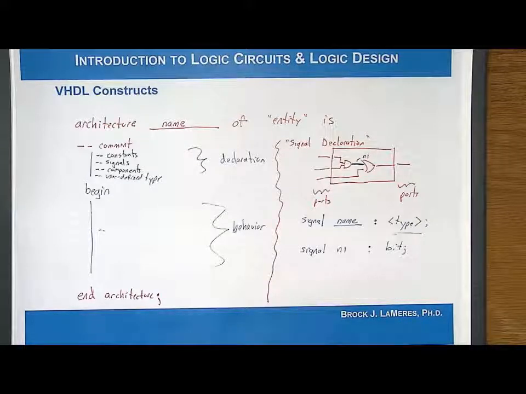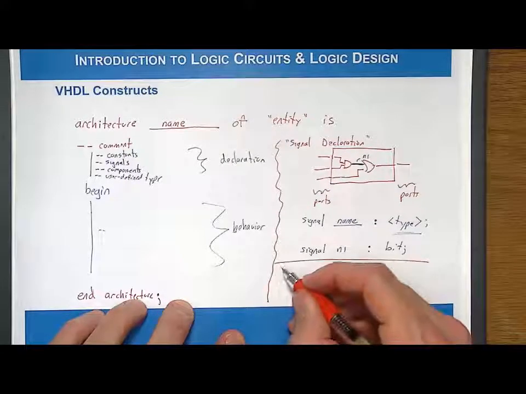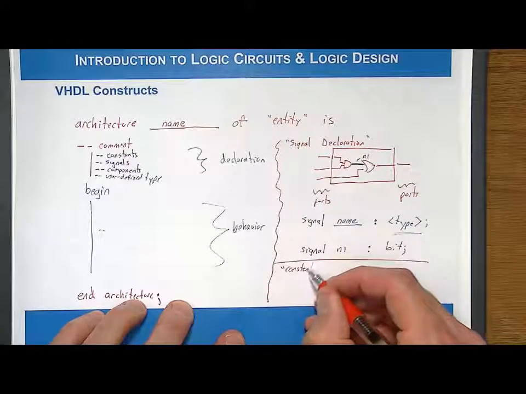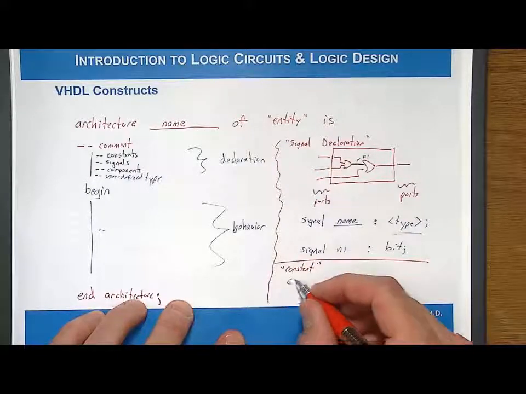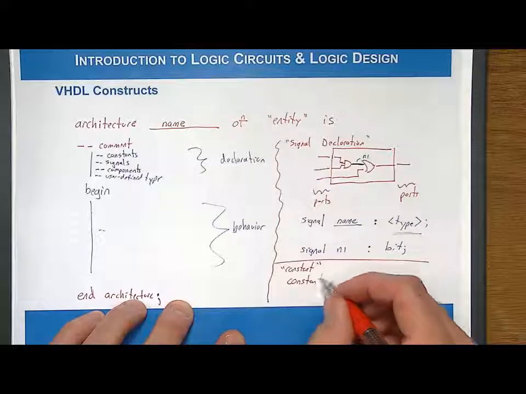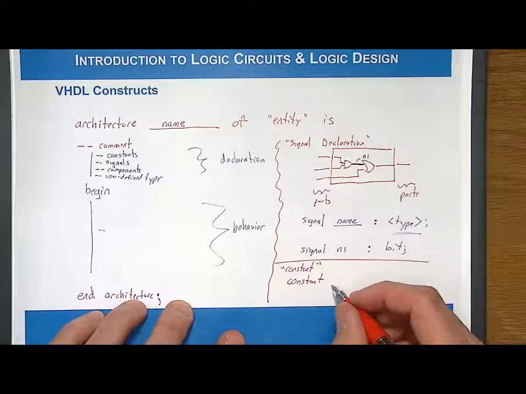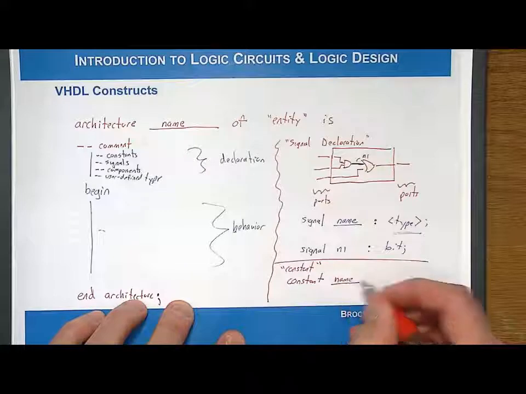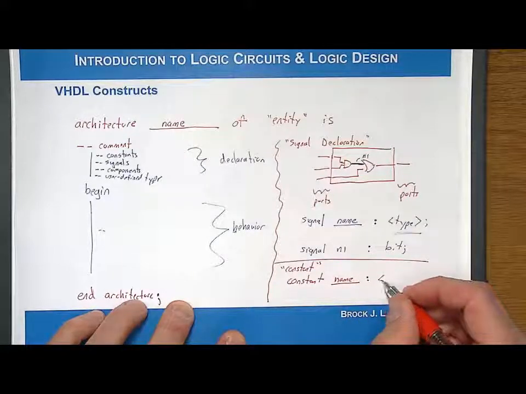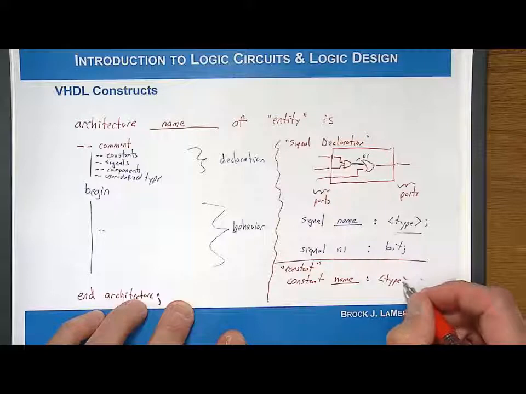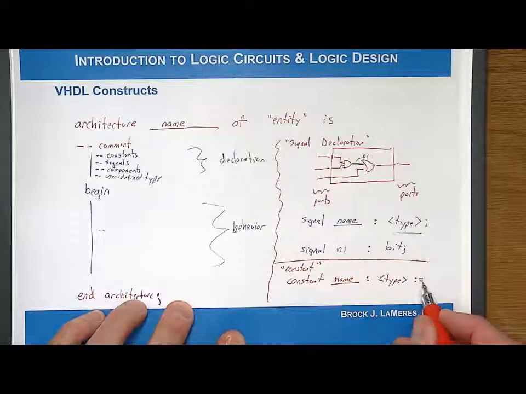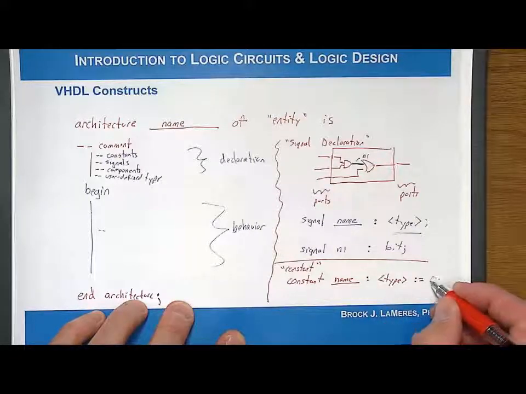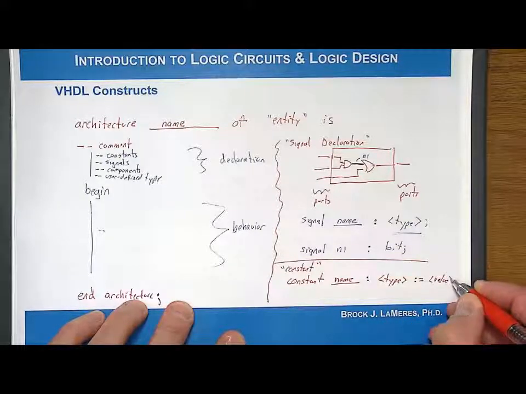Okay. Constants can also be declared in a very similar way, and constants are pretty handy. A constant can be declared by doing the following. You use the keyword constant, and then you give it the name, then a colon, and then you give it the type, and then you use this symbol right here, colon equals, which is like saying it's going to be initialized to the value, and then a semicolon.